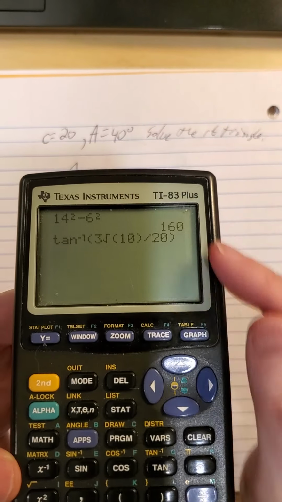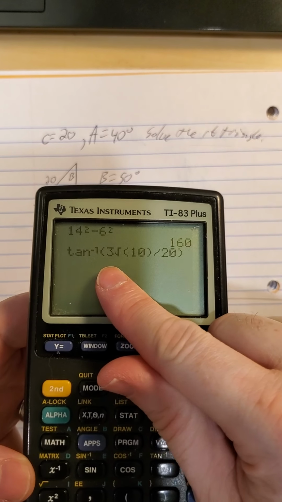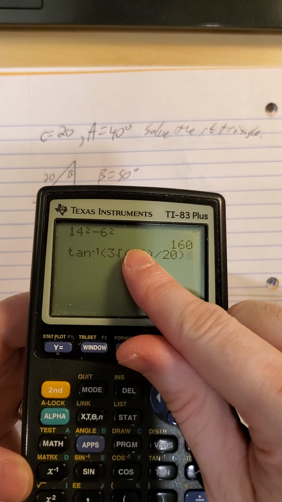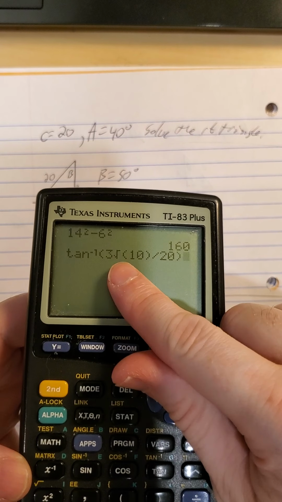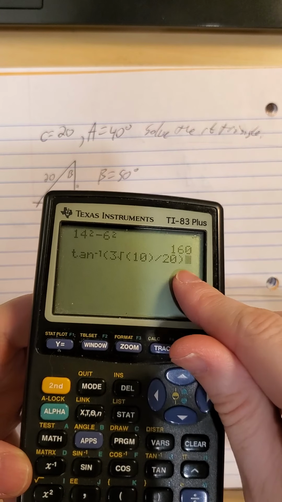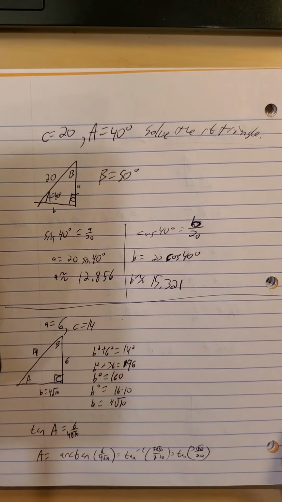On this one, just make sure that you're closing the parentheses appropriately. So arctangent will open a parenthesis for you. 3 square root of also opens a parenthesis, so we're closing it up after the 10. We're letting the calculator know all this stuff was grouped together, and then dividing by the 20, we're letting it know it's done with the arctan.